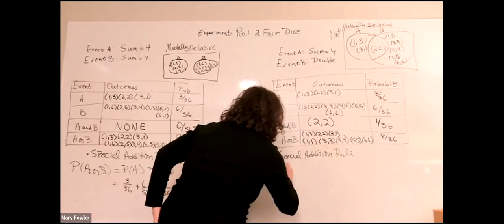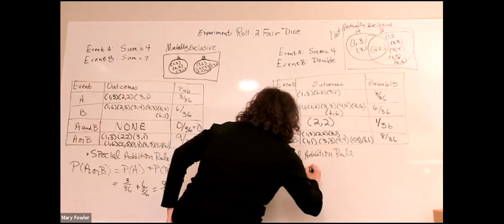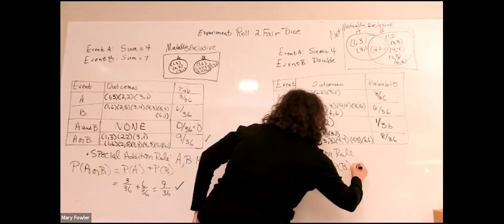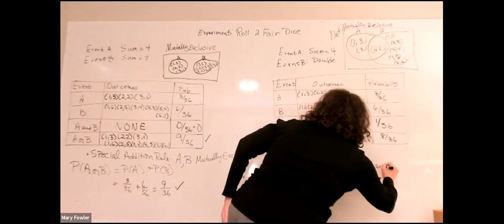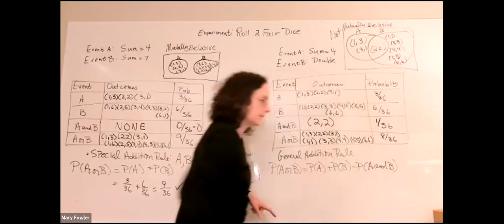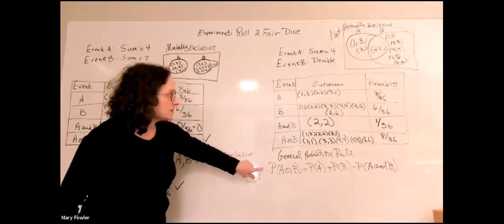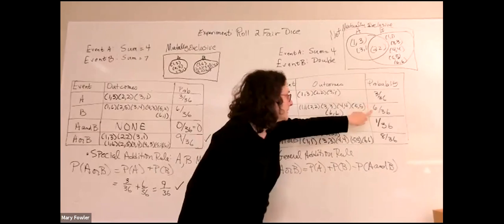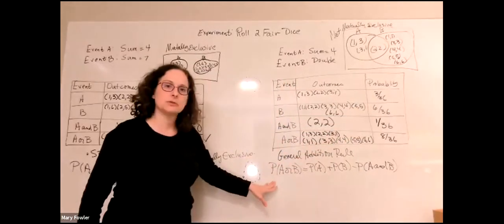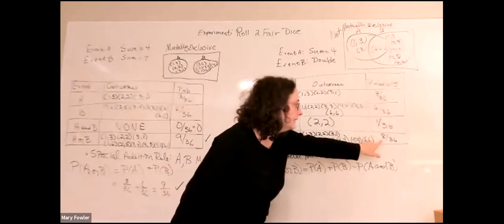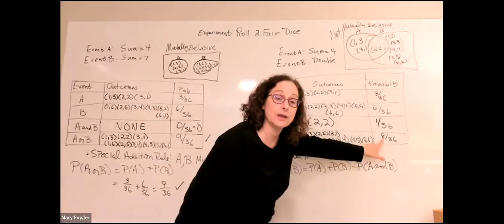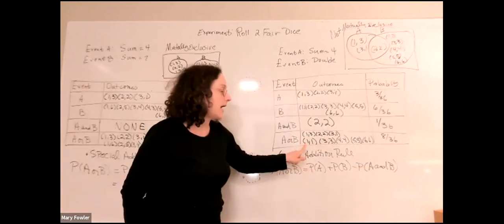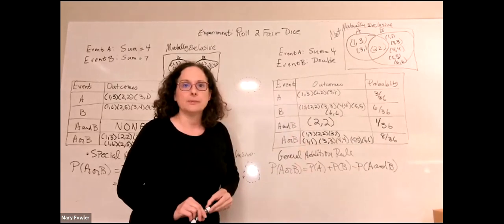It says that the probability of A or B is equal to the probability of A plus the probability of B minus the probability of A and B. What I'm going to do is go to our table here, find these probabilities and use them in the general addition rule, and see if we come up with the same value that we came up with when we were using the equally likely outcome way of calculating probabilities.